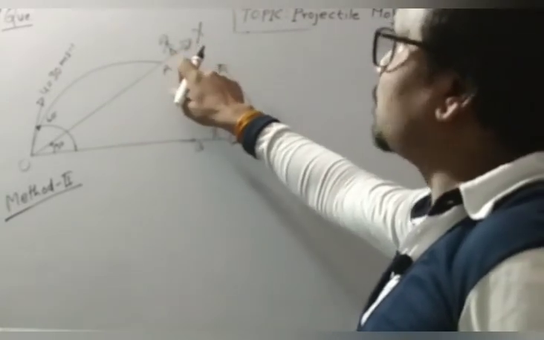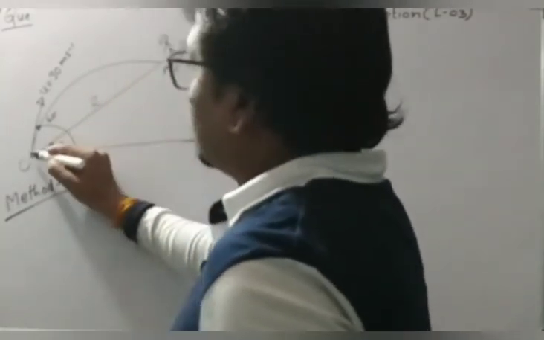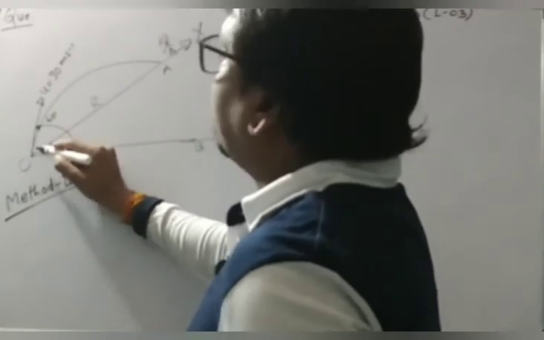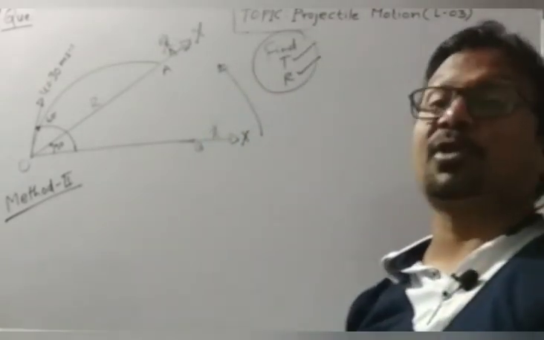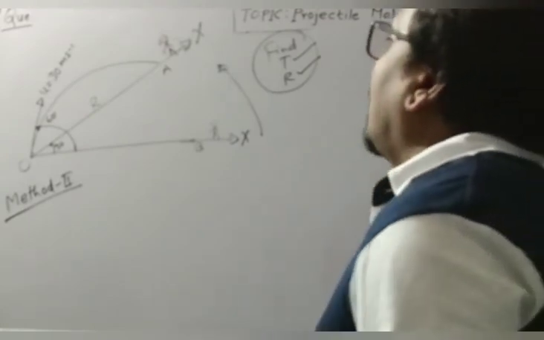So, for this person, OA is the range and the time taken by the projectile to finish its journey from O to A is suppose T. So, you need to find T and R. Okay, dear. So, what to do?